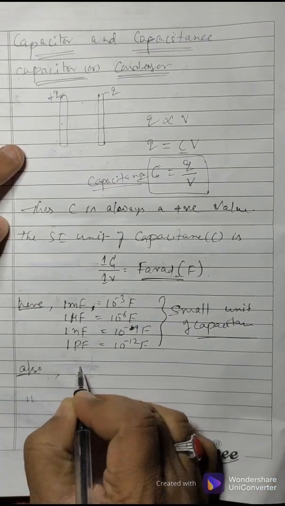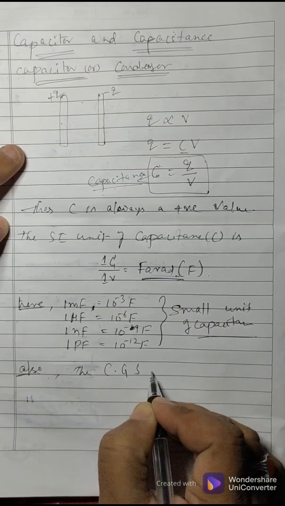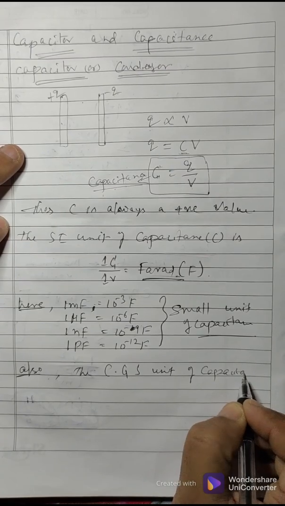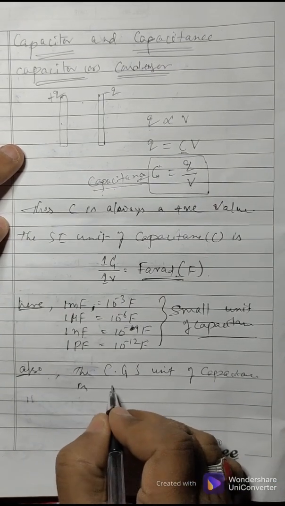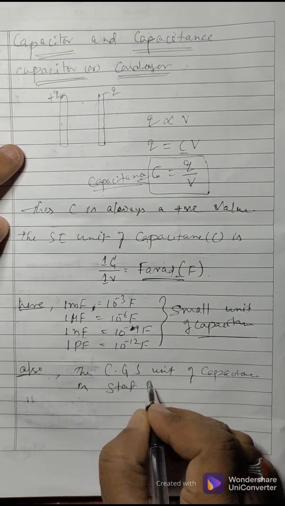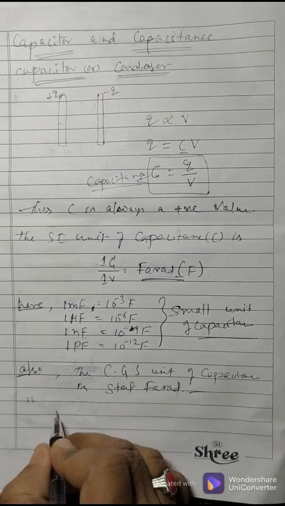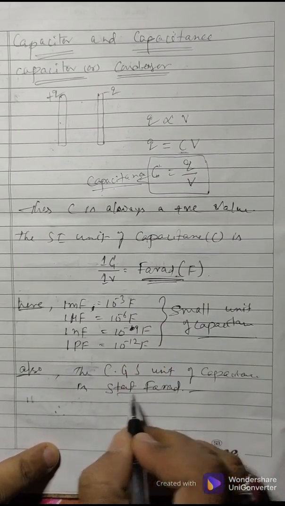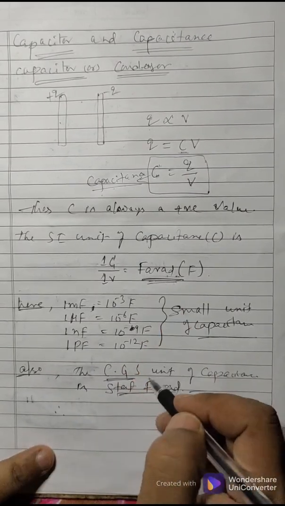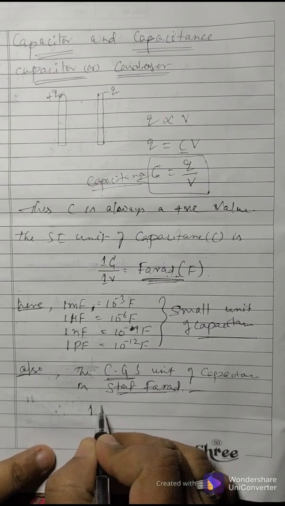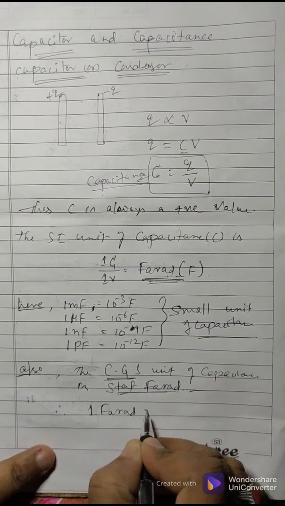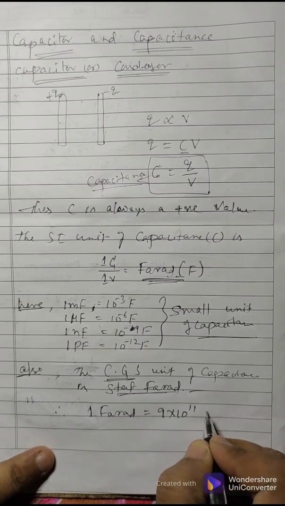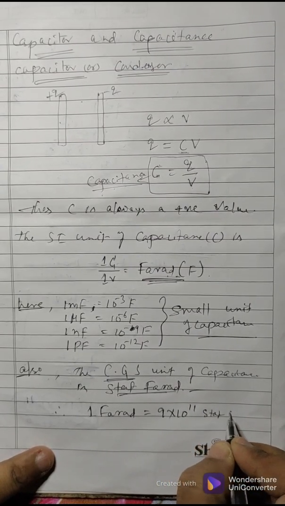Also, the CGS unit of capacitance is called the statfarad. Therefore, farad is the SI unit and statfarad is the CGS unit. The relation between these two is 1 farad equals 9 into 10 power 11 statfarad.